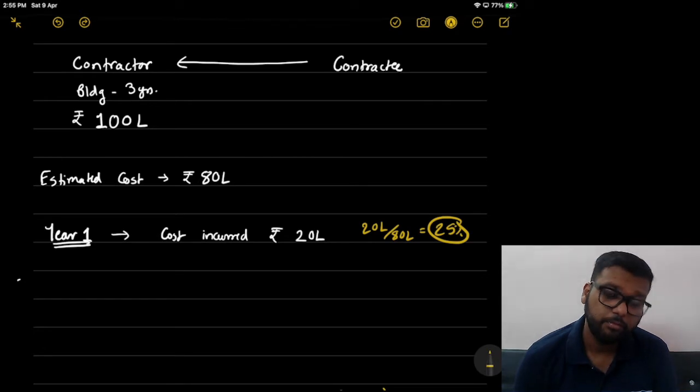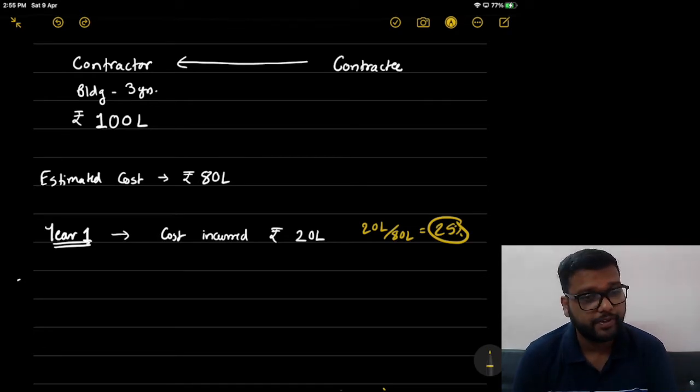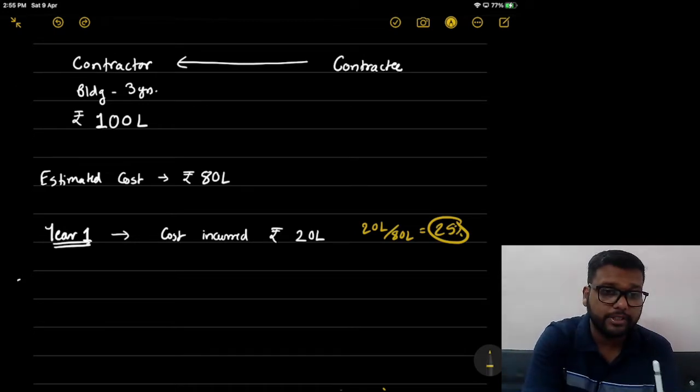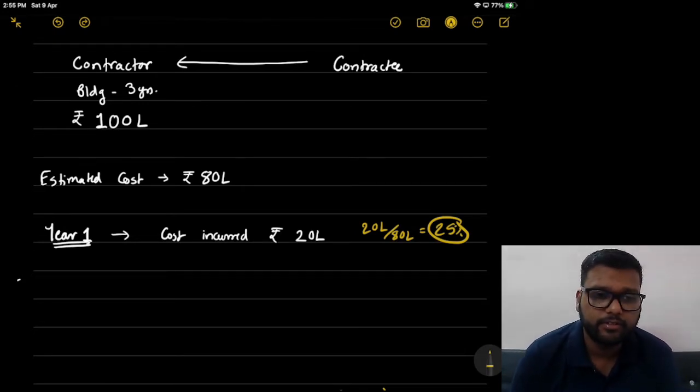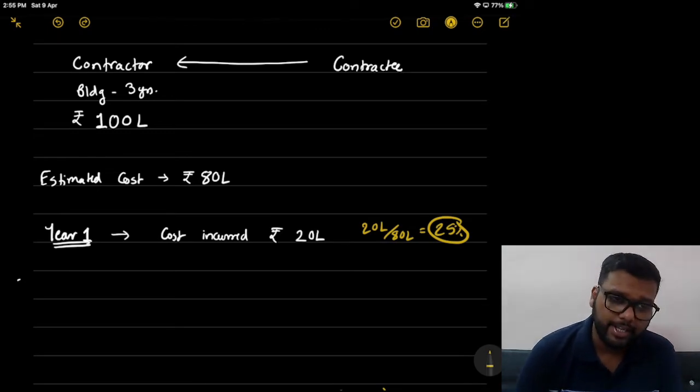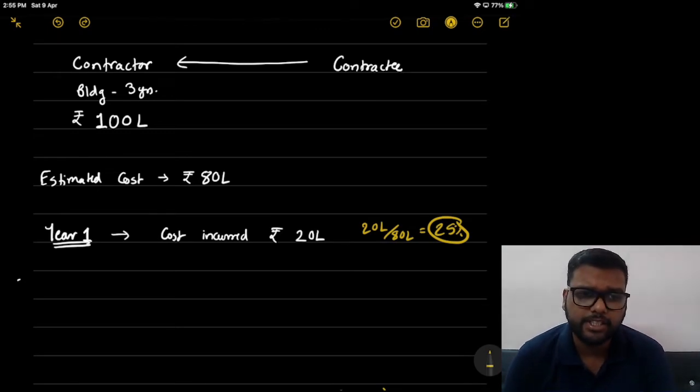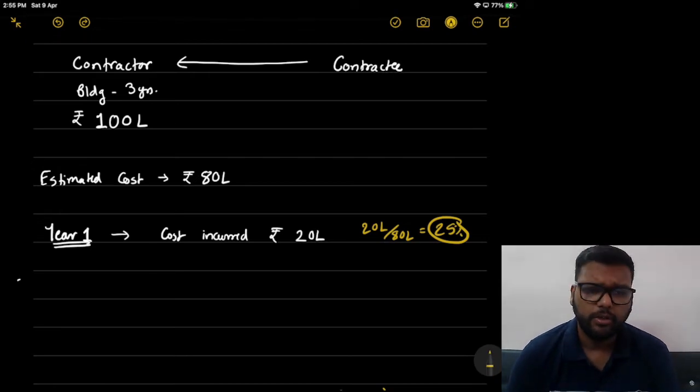He will check how much work has been done. Contractee will ideally come to the site and check. Maybe he will send some engineer or architect or some expert to check how much is actually completed.